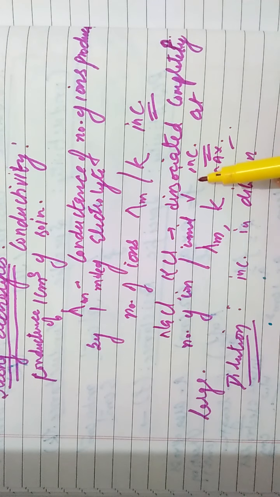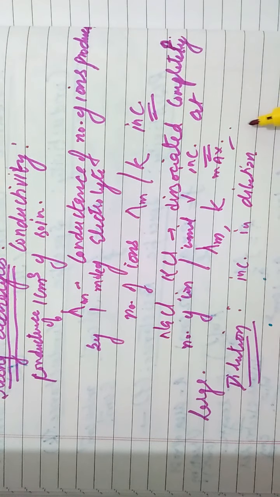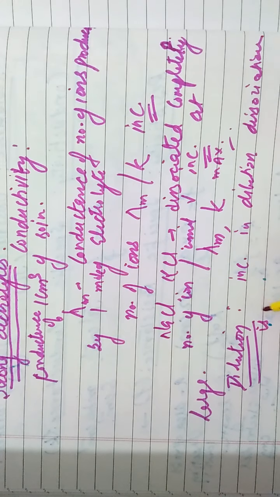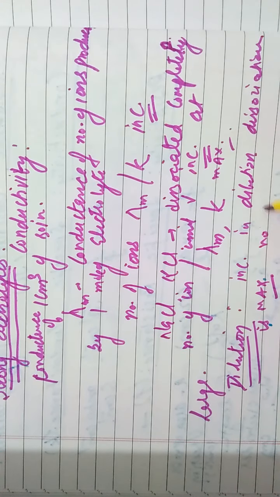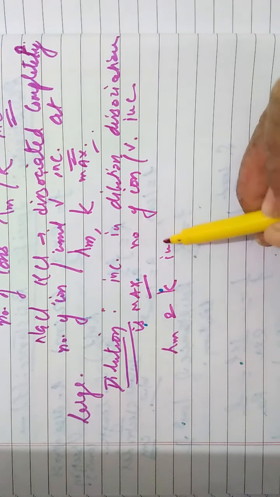They already dissociate 100% or to a large extent, but if you add more water, their dissociation will be maximum. It means the number of ions per unit volume increases. So if the number of ions per unit volume increases, the molar conductivity and conductivity increase with dilution even for the strong electrolytes.